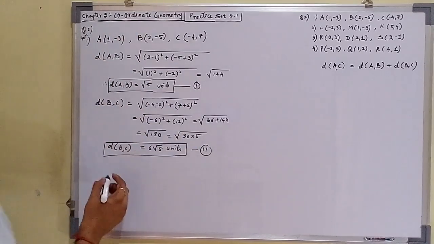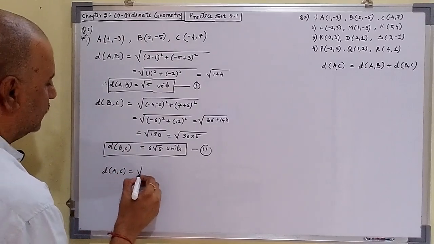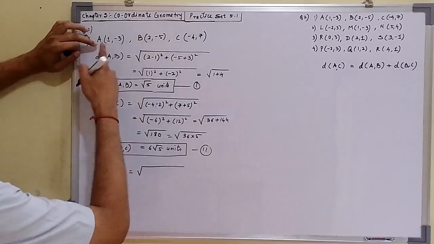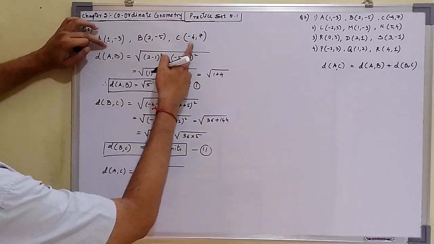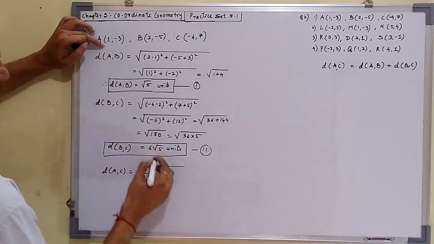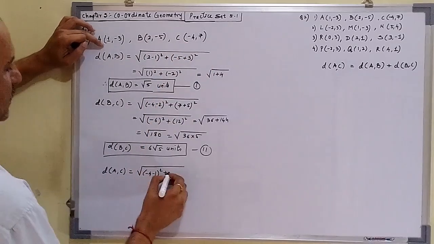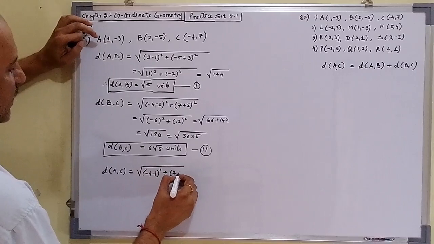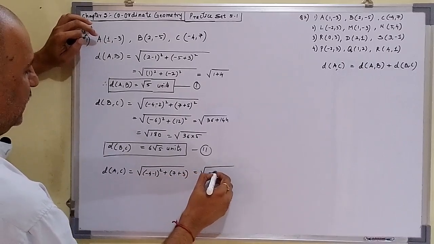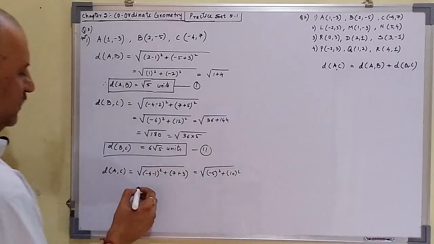With the third, A and C. Distance AC is equal to square root of (x2 minus x1) squared plus (y2 minus y1) squared. Take this as x2, y2 and this as x1, y1. (-4 minus 1) squared plus (7 plus 3) squared. So what is this? (-5) squared plus 10 squared.